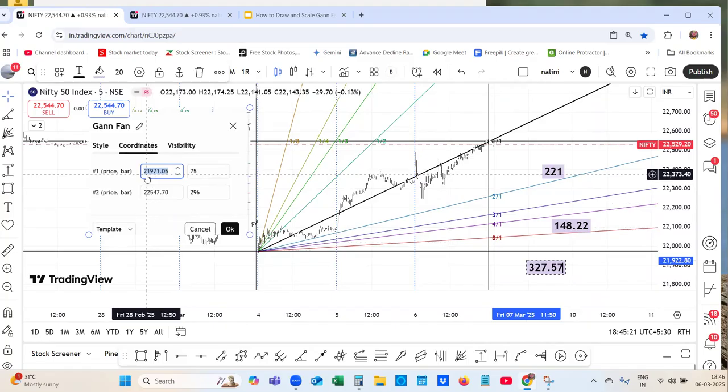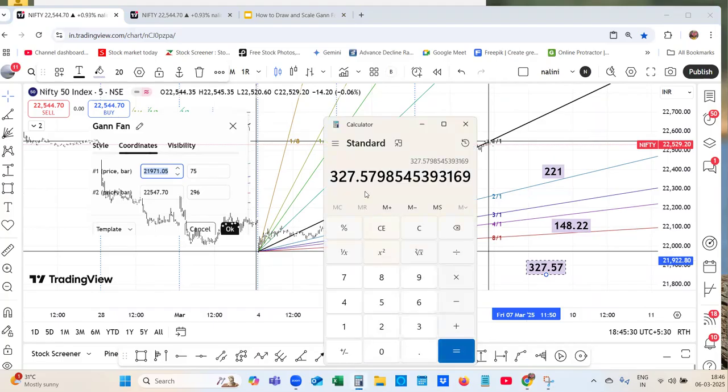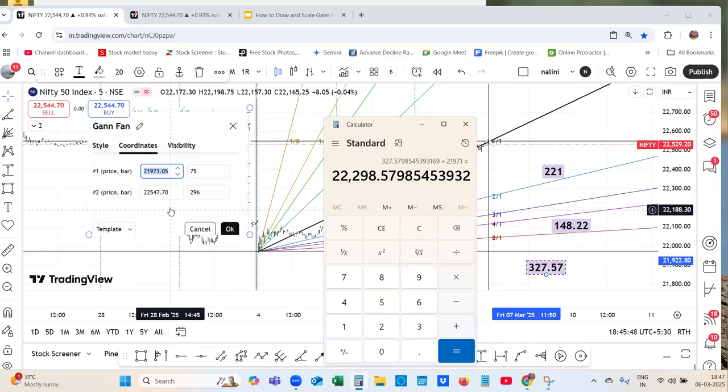No. For 21,971, the same lower value where I have fixed, I'm going to add this plus 21,971. So I am getting the value as 22,298.